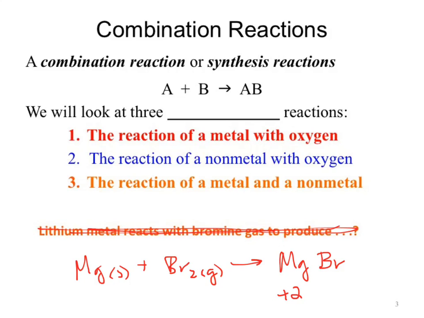Charge on bromine is -1. Our charges do not balance. So to fix this, I can now change the subscripts. I'm allowed to change the subscript, that word, because we're balancing the formula. Okay? So that charge needs to now be accounted for. How do I fix that charge? I need 2 bromines. So I can put a 2 as a subscript.